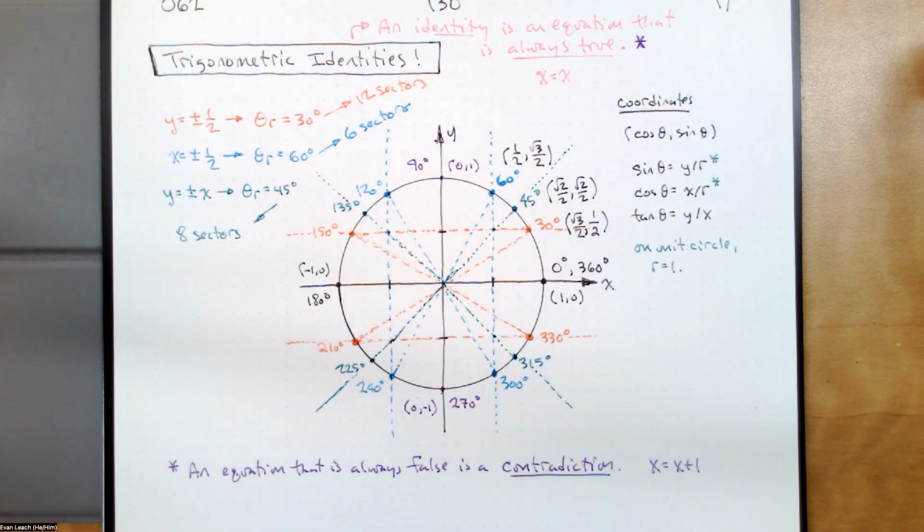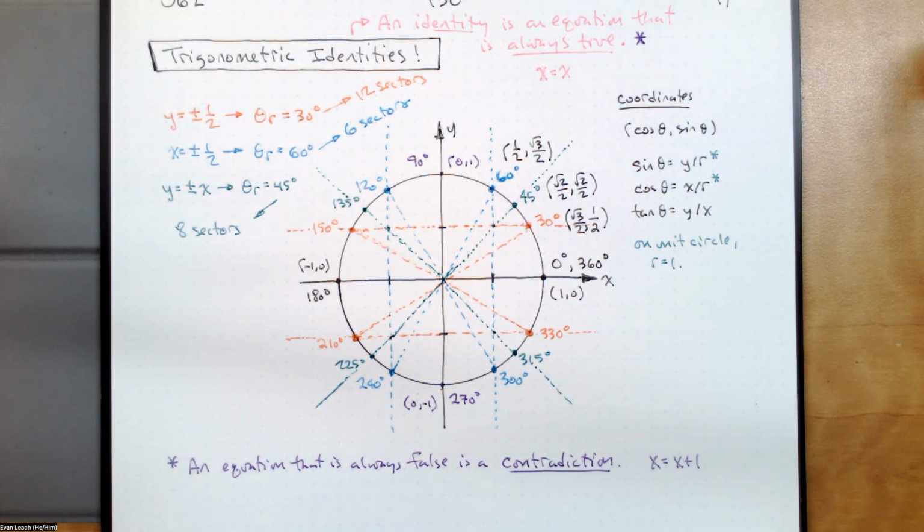A number is always equal to itself. That's an identity, an equation that is always true. A contradiction is an equation that is never true, or always false. In between, you have equations that are true sometimes. Those are conditional equations.